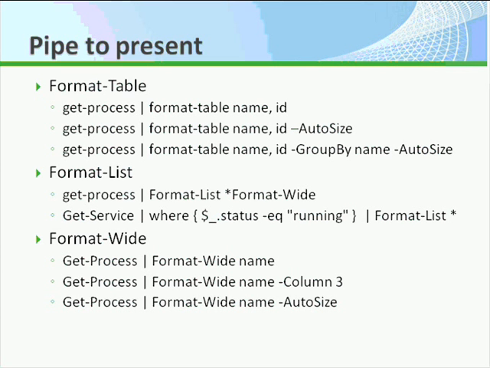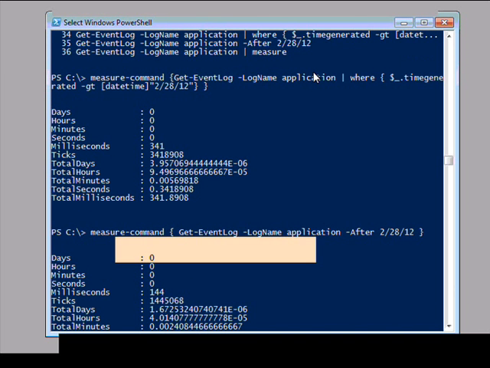Well, let's kind of demo that for a little bit. So we're going to go back over to my PowerShell console, and we're going to work a little bit with formatting the output.